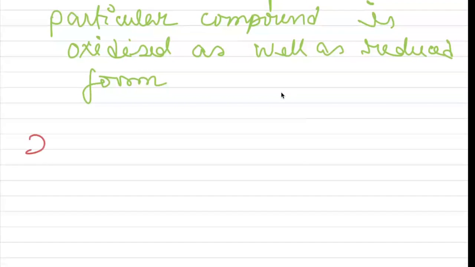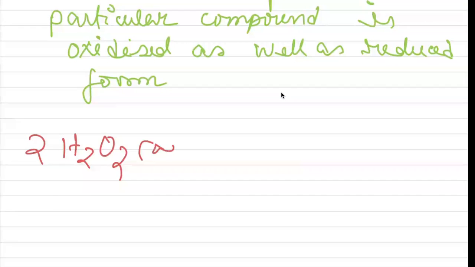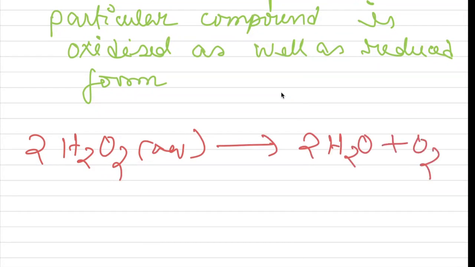2H2O2, hydrogen peroxide, forms 2H2O plus O2. See here in hydrogen peroxide, oxygen is in -1 state.